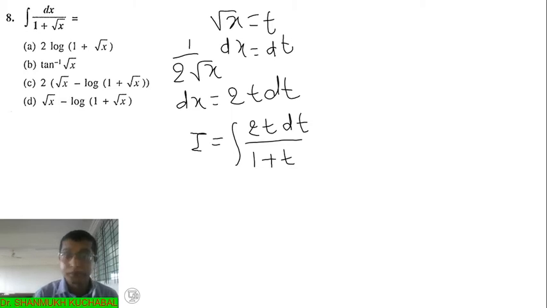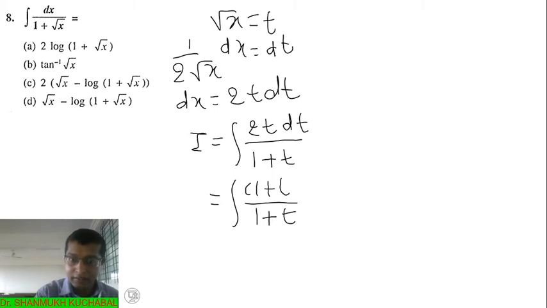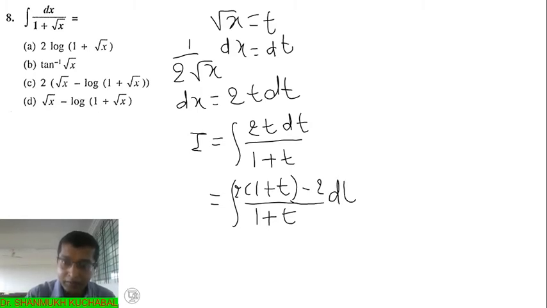Okay, now we have to take the denominator function in the numerator, that is 1 plus t. Further, 2 is common, I take it like this, so it is 2 plus 2t. Here only it is 2t, 2 is extra. To balance it, I subtract 2 and I write into dt.